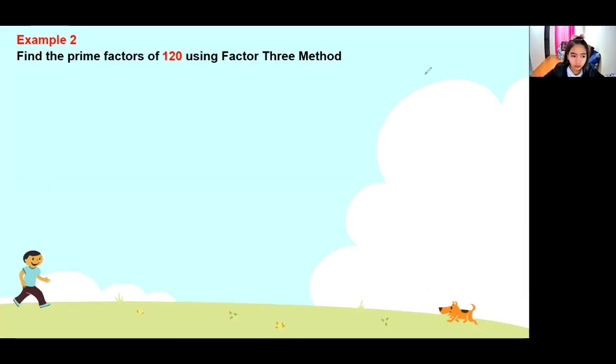Now, let us try bigger numbers. Let's find the prime factors of 120. Again, in step 1, we write 120 at the top of the tree with two branches below.